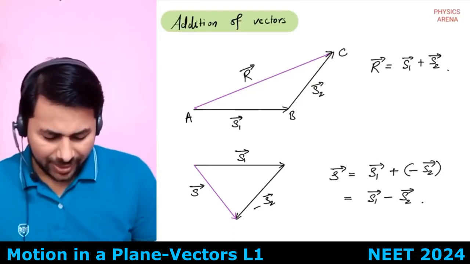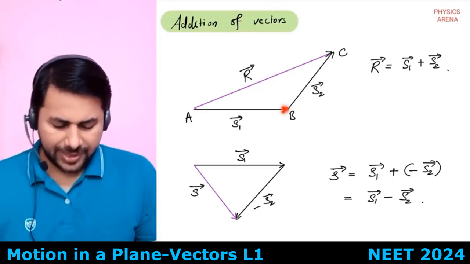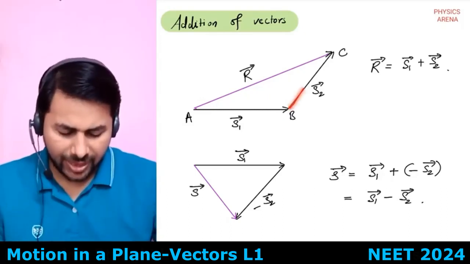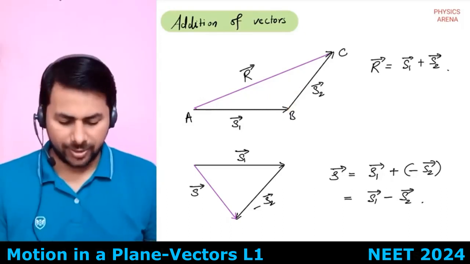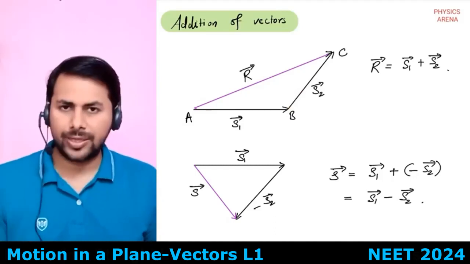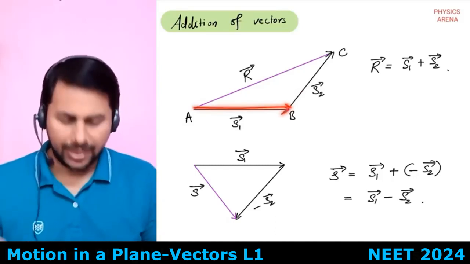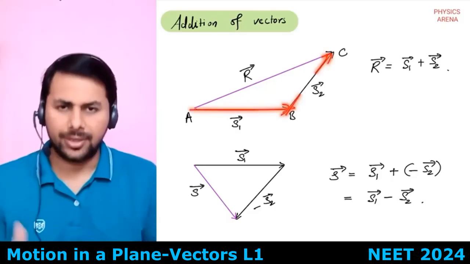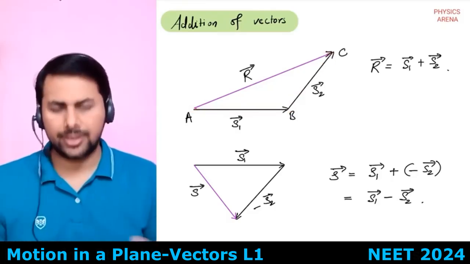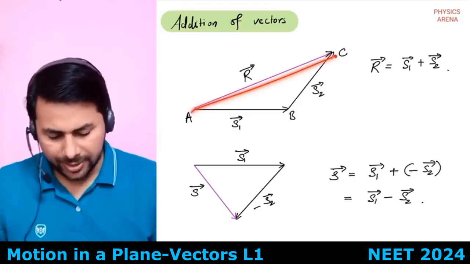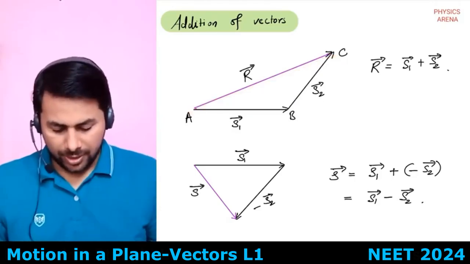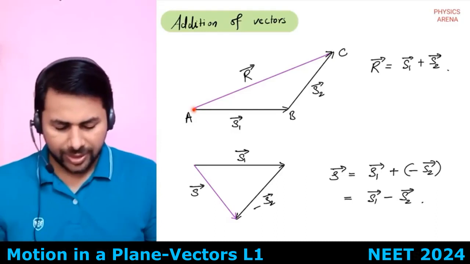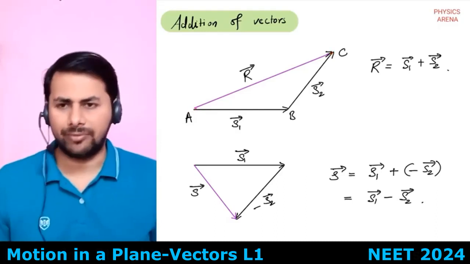It means that the first vector ends at some point, and the second vector will start at that point. So if you represent two vectors in magnitude and direction by two sides of a triangle taken in an order, then the resultant is represented by the third side of the triangle, starting at the start point of the first vector, ending at the end point of the second vector.